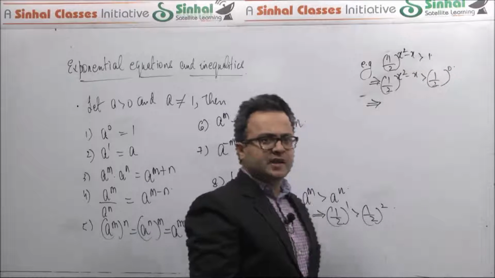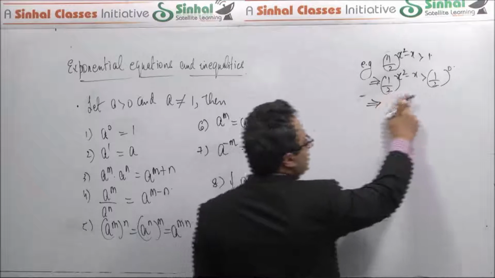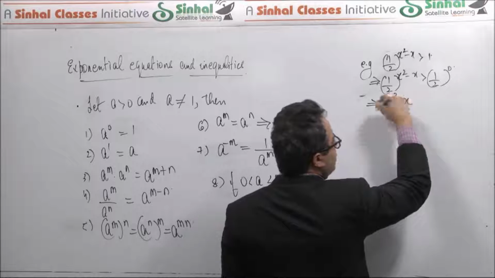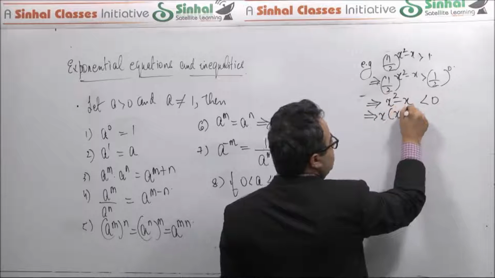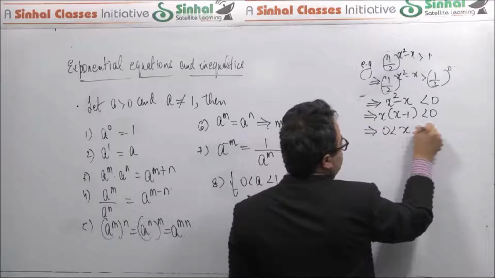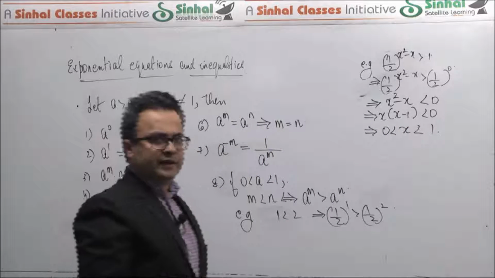So 1 can be written as half to the power 0, and at this stage again you have a statement of this particular form, but the base is half and it is less than 1. So for the inequality between the exponents, the order will get reversed. And therefore x should only take values between 0 and 1.